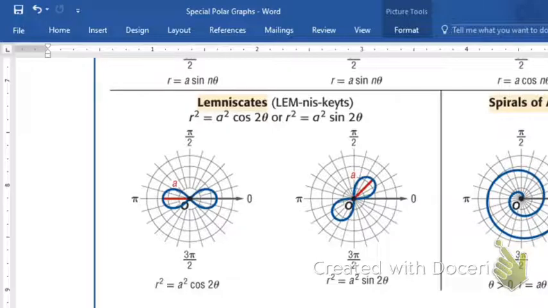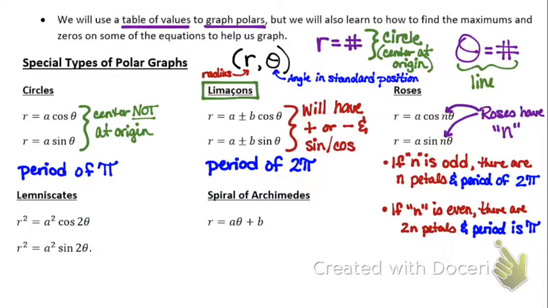How can I tell from the equation whether it's going to look like a bow tie that's on straight or whether it's tipped? The sine or cosine. Which one makes it tipped? Sine. You're going to end up with a crooked bow tie if it's a sine. If it's cosine, it's going to be on straight. Lemniscates have a period of pi.